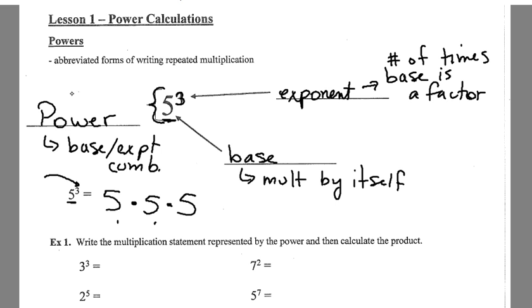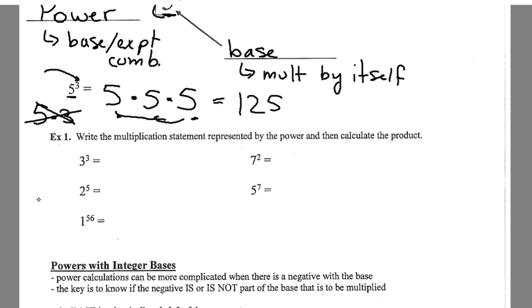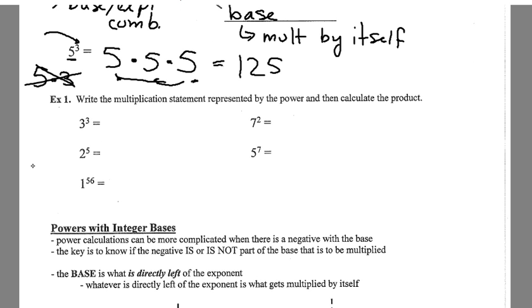So 5 times 5 times 5. Please note it's not 15. It's not. And this is so common. Students will go 5 times 3. No, no, no. It's 5 as a factor 3 times. 5 times 5 is 25. 25 times another 5 is 125. That's how we calculate powers.